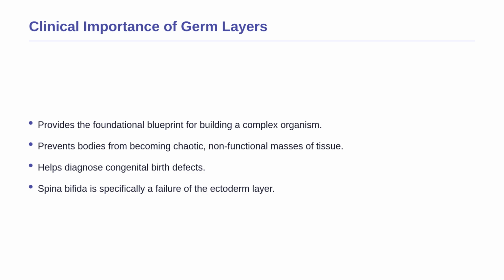In medicine, developmental biologists use this knowledge to understand, diagnose, and treat severe congenital birth defects. For example, if a baby is born with a spinal cord defect, like spina bifida, doctors know this is specifically a failure of the ectoderm layer during early development.